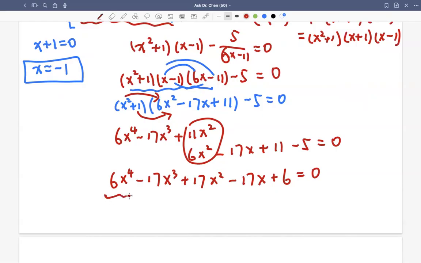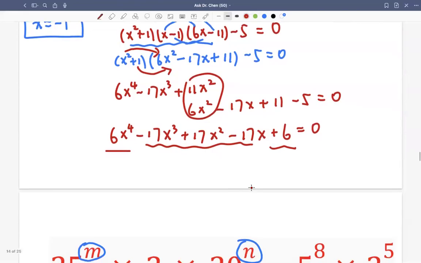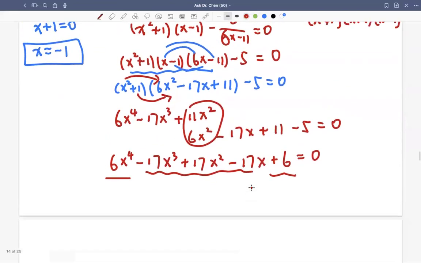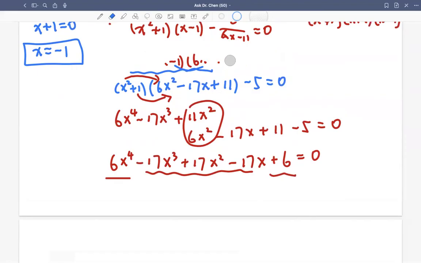Let's work with these two, 6x to the 4th plus 6. Then, because this has 17, we can factor out this 17. Okay, let's try this way. Oops, I don't have enough space. I need to erase something. Let's erase all those calculations.